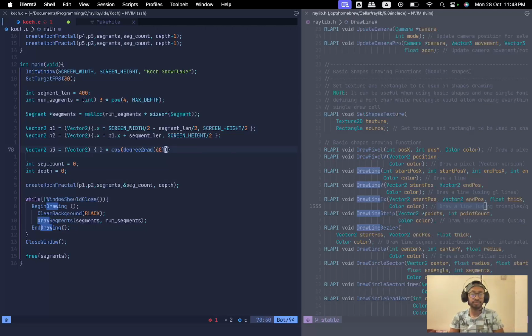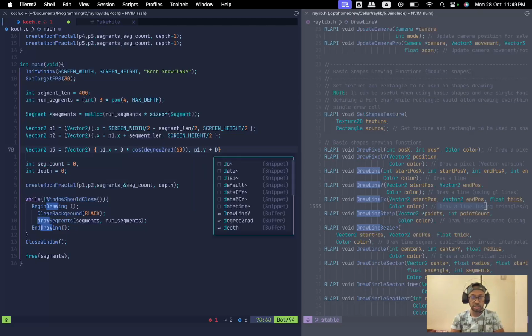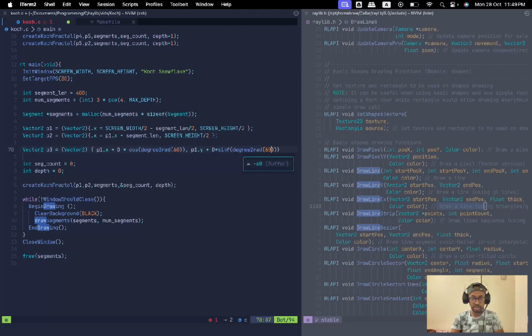That's the x, and I need to add this to P1, so P1 dot x plus this. The y is again P1 dot y plus D times sine of degree 2 rad of 60 degrees, I guess.